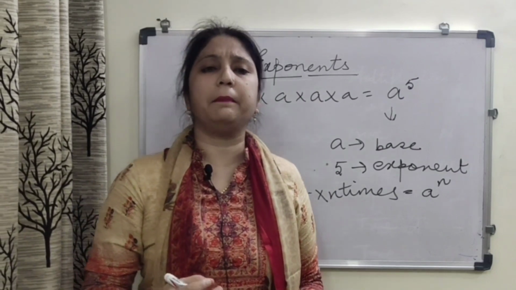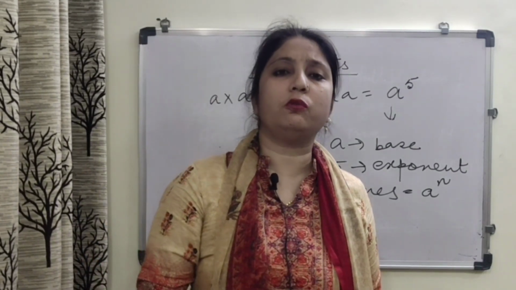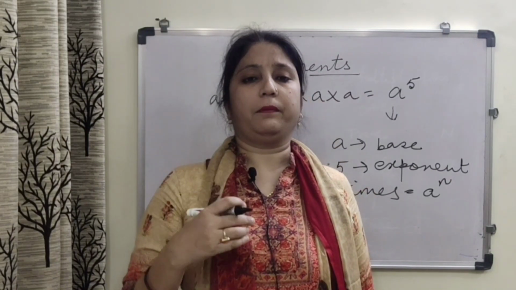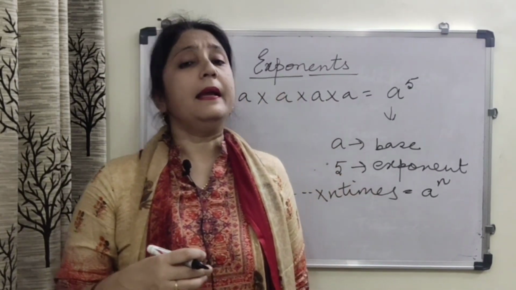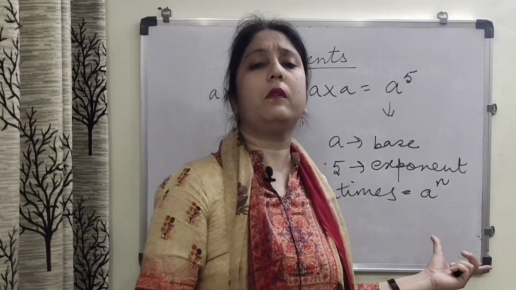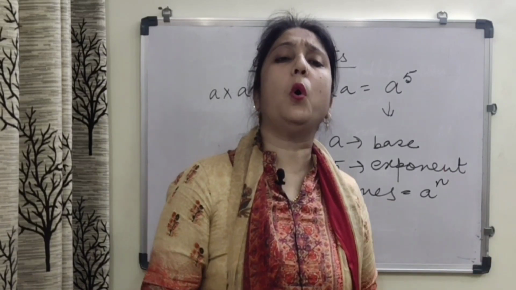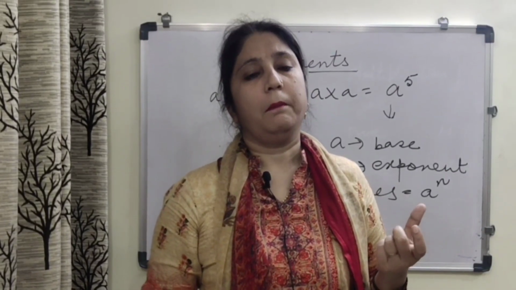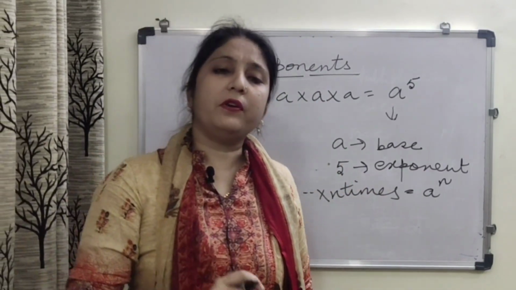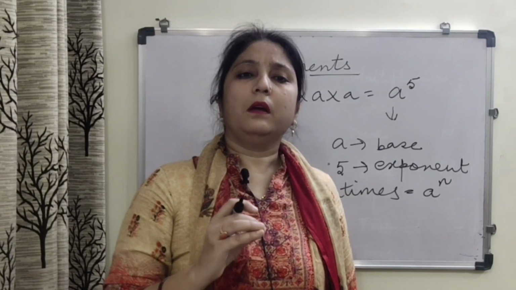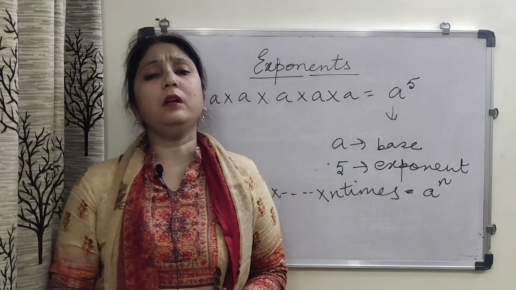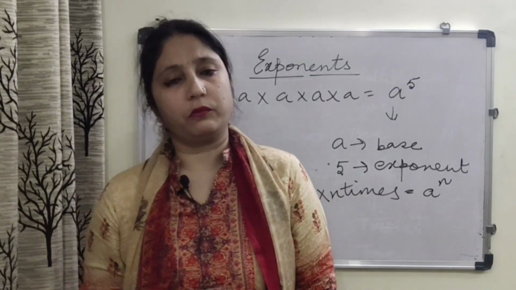That real number can be a whole number, natural number, rational number, as well as integer. So we are going to discuss these exponents for all the cases. But let me make it clear that the laws remain the same whether you take a natural number, a whole number, a rational number, or an integer as well.